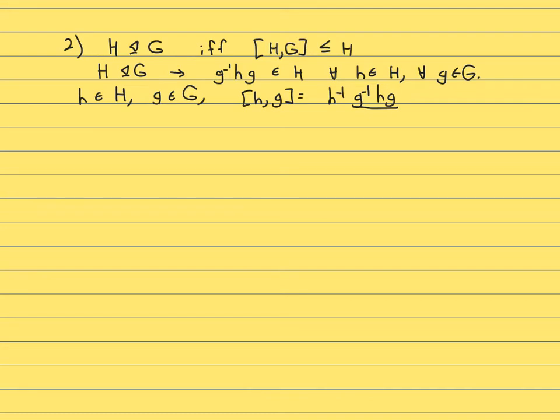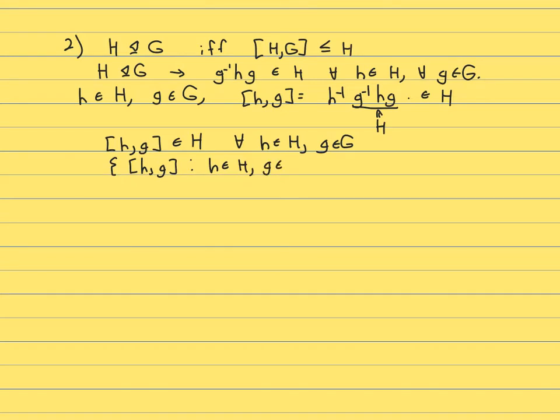Oh, but we notice the last three terms together are an element in H. And h inverse is also in H, so this product is in H. So what we see is that this commutator is an element of H for all h in H and g in G. And so that means the set of such commutators is a subset of H. In particular, the subgroup generated by the commutators must be a subgroup of H.